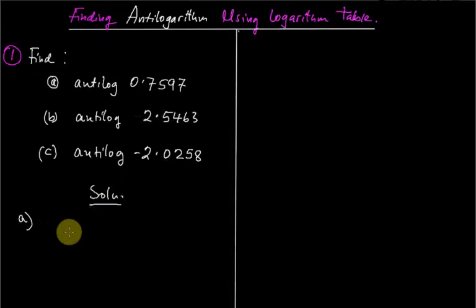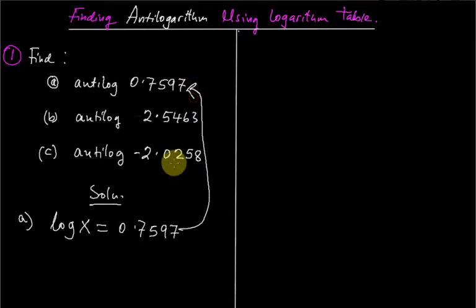Antilogarithm means the question is like this: the logarithm of a certain number equals 0.7597. This is what it means. Okay, this is what reflects here, right?